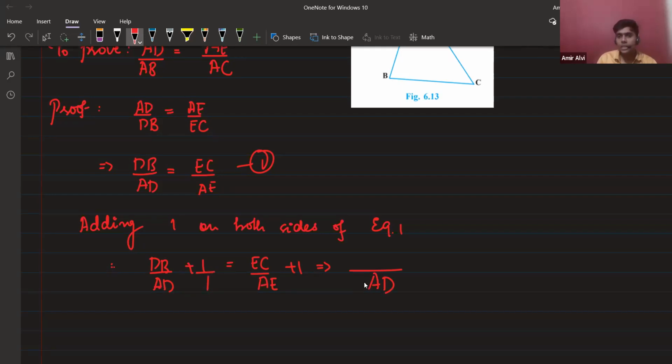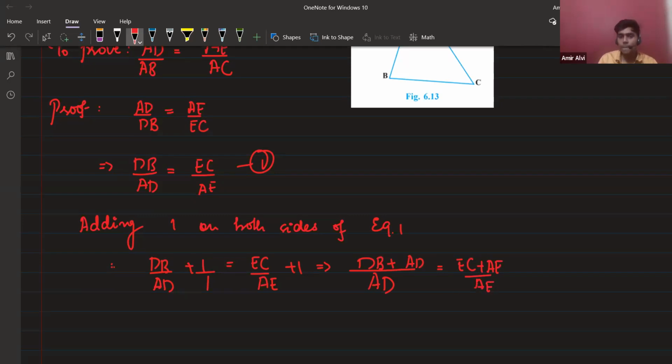AD divided by AD is 1, and 1 multiplied by DB is DB, plus AD divided by 1, which is AD. So that's how this forms. Same case here: EC plus AE upon AE.